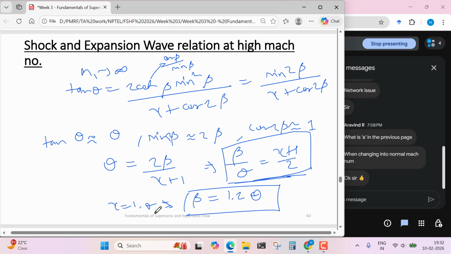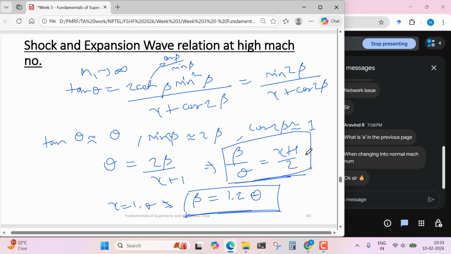When gamma equal to 1.4, beta equal to 1.2 theta. So one thing to note is that the beta value is equal to 1.2 theta for high Mach number. If Mach number is very high, it means that beta will be 1.2 times theta.